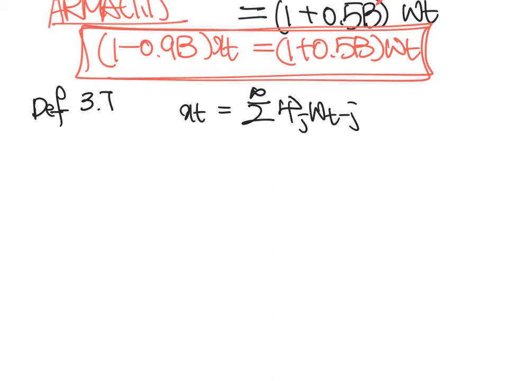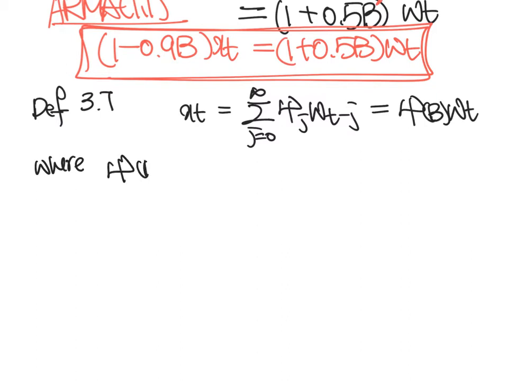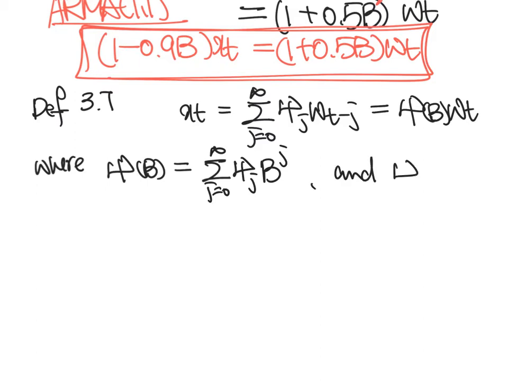white noise from 0, and the other way we can rewrite using the big phi operator, wt, where the big phi(B) operator is the infinite summation of phi j B power j from 0 to infinity, and the big phi 0 is always 1.